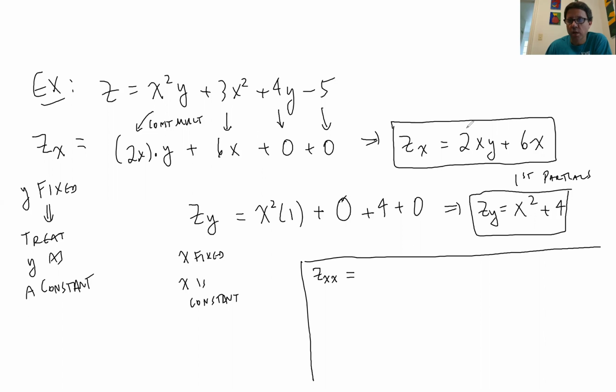So 2 is constant, and now I'm doing another x derivative, so I want to think of this y as constant. So if I take the derivative of 2xy, then I just get 2y, technically times 1, because I take the derivative of x, but the rest is a constant. The 6x is just the same, so I get 6, so that's 2y plus 6. That will be that second partial derivative.